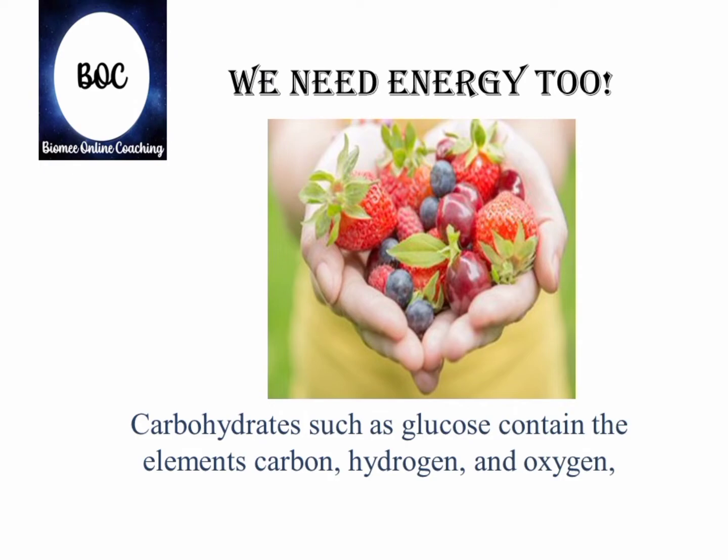As the human body needs fuel to produce energy, the food we eat provides us with fuel, mainly in the form of carbohydrates. Carbohydrates such as glucose contain the elements carbon, hydrogen and oxygen. As you know, the chemical formula of glucose is C6H12O6, which means three main elements are used to make carbohydrates, that is glucose.